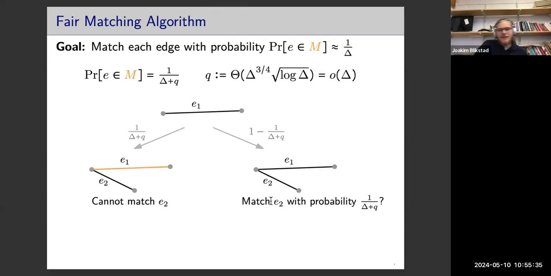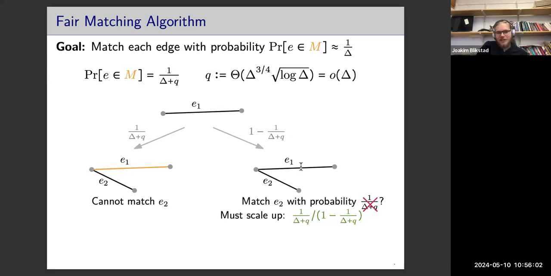And on the other side, what do we want to do? Here we want to match E2 with some probability. Which probability should we choose? Is it 1 over delta plus q? Because we want it to be 1 over delta plus q in the end. This is not quite correct. We have to scale it up a bit to counteract that we could not match E2 on the left side. In the end, we want E2 to be matched with probability 1 over delta plus q.